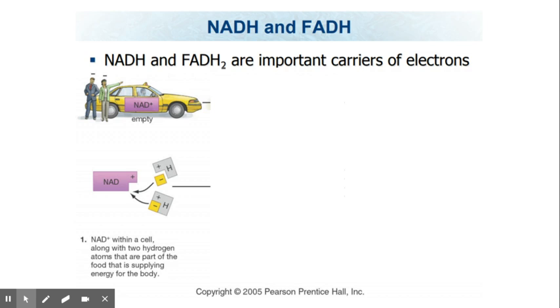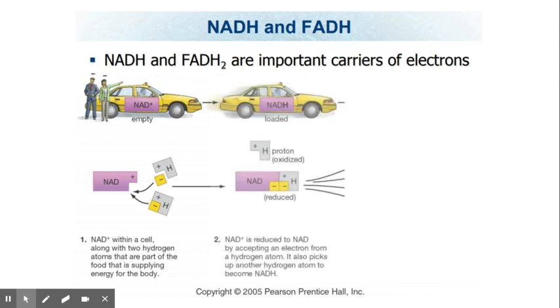So think about NAD+ as like a taxi cab. NAD within a cell, along with 2 hydrogen atoms that are part of the food that are supplying energy for the body. The electrons are going to hop in the back of the NAD taxi cab along with a proton to balance out the charges. NAD+ is reduced to NADH by accepting those electron passengers, if you will, and it also picks up another hydrogen ion.